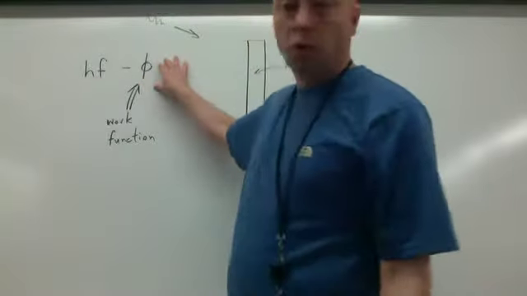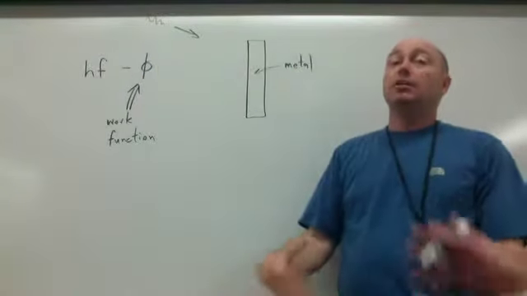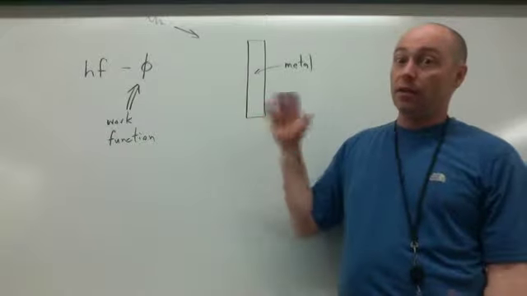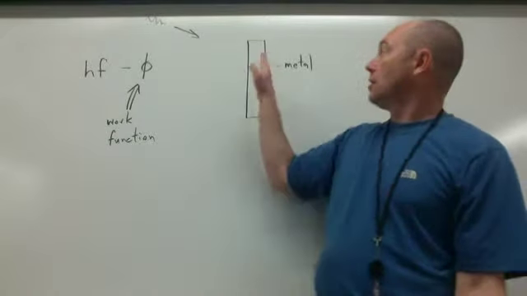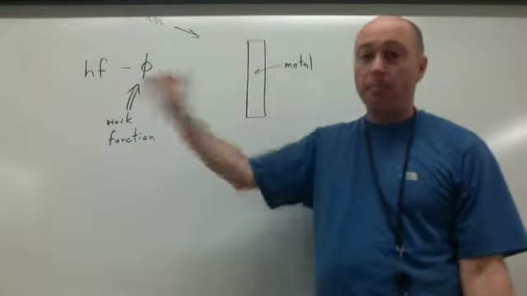So really what this work function is, it's the amount of energy that is needed to knock one of the outer electrons off the metal.